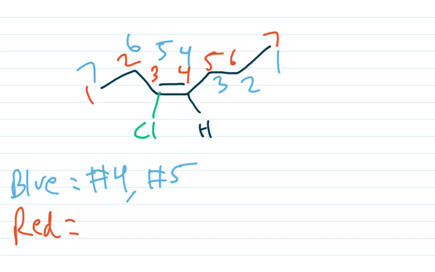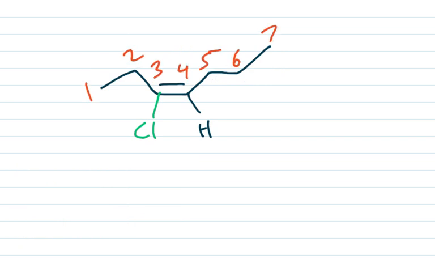The double bond is at carbon number 3, and the chlorine substituent is also at carbon number 3. So who's lower, 3 and 3 or 4 and 5? 3 and 3, right? So that means we're not going to do the blue numbering, and we're going to stick with the red numbering, because we had the lower numbers on the double bond and the substituent.